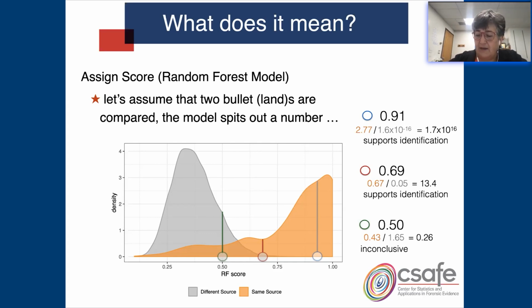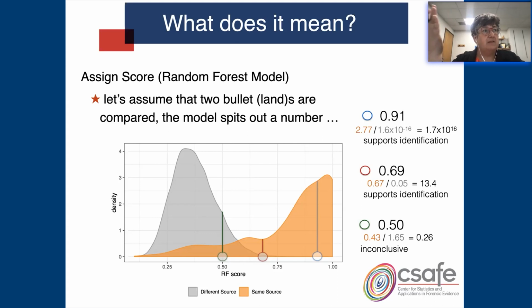So 0.5 as a random forest score is compared. We are comparing the likelihood for same source to the likelihood for different source.